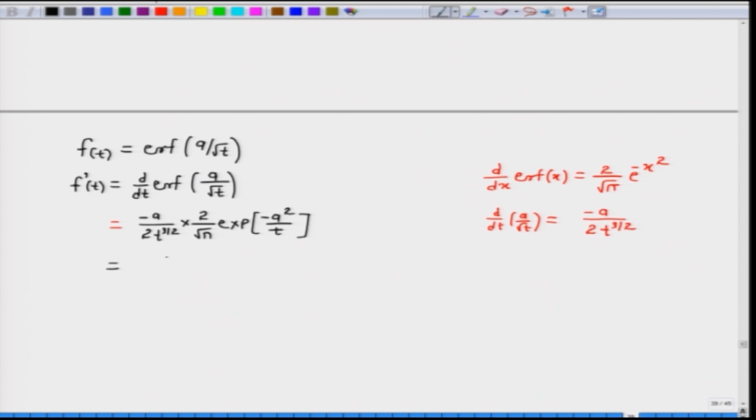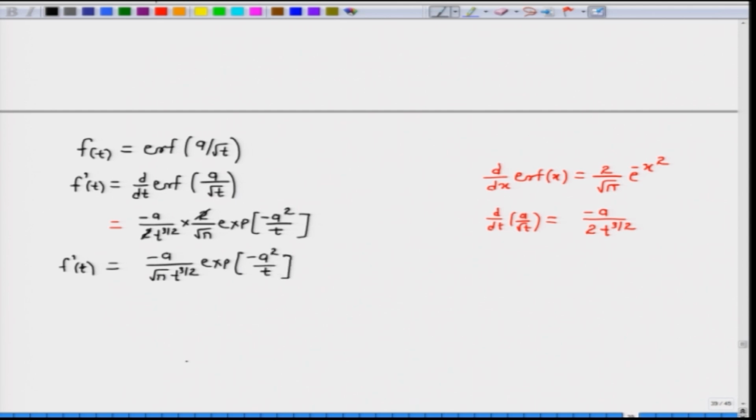So, f prime of t should be equal to, 2 cancelled, minus a over root pi t to power 3 by 2 exponential minus a square by t.